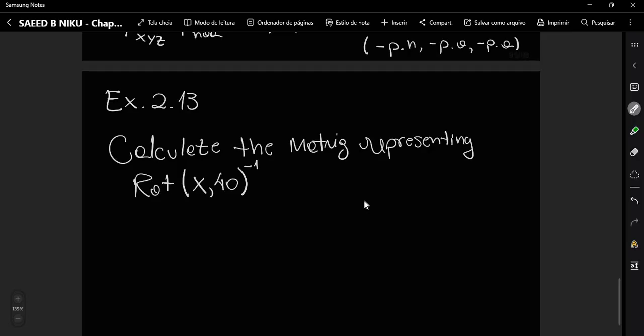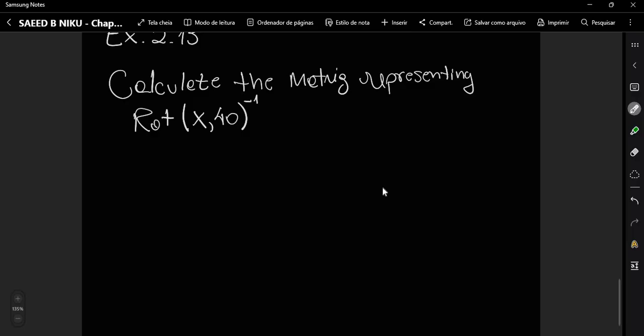Right now we have to remember what is the characteristic matrix of a rotation matrix around the axis x.